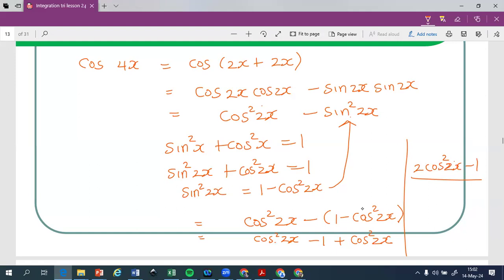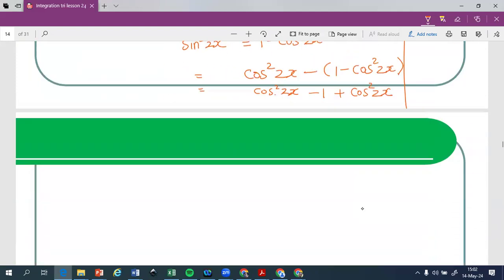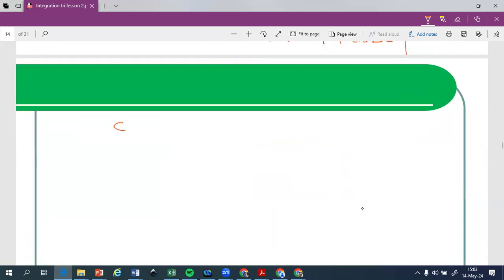Now in case I wanted sine, I come back to my formula here, because we had reached that cos 4x is equal to cos squared 2x minus sine squared 2x. If I want to remain with sine, I will substitute cos squared 2x with 1 minus sine squared 2x, minus sine squared 2x.